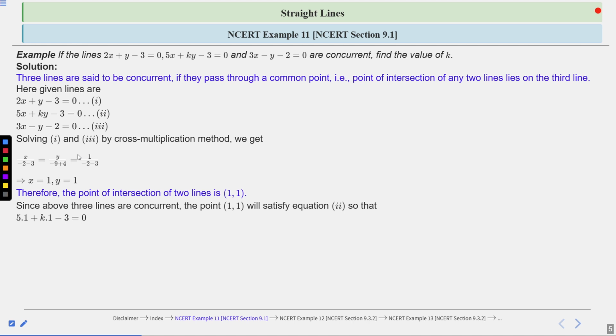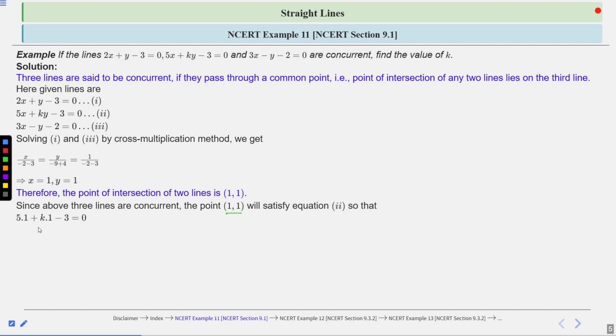Since the above three lines are concurrent, as given in the example, the point 1 comma 1 will satisfy equation 2, that is 5x plus ky minus 3 equal to 0.